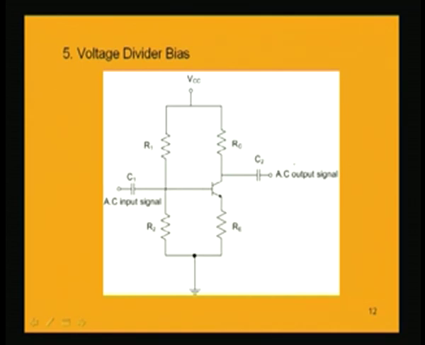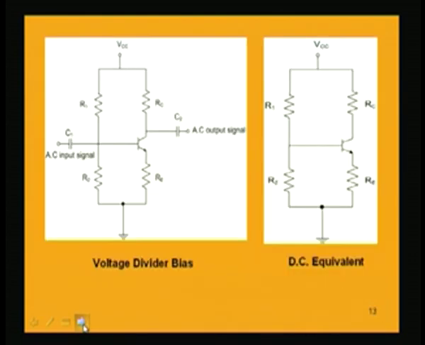Now, in this circuit, if we analyze the DC condition, that means we open circuit C1 and C2 under DC condition, it will be this circuit which is the DC equivalent circuit for this amplifier. Here R1, R2 are the resistances, and RC, RE are the resistances in collector and emitter.